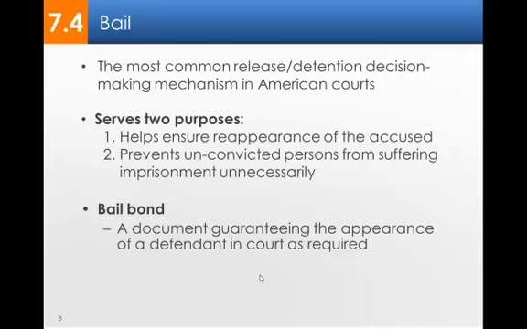All right, bail is pretrial release. The whole idea of bail started in England way back when judges rode circuits, and they may not be back for months at a time.